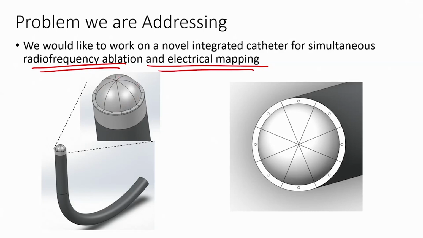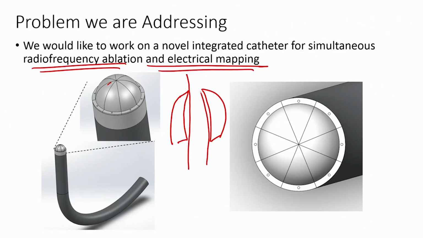So, understand that this dome opens up, right, it opens up. So, you can see something like this, and the catheter within it will come out and perform electrical mapping, right. The catheter within this dome shape structure will come out and perform electrical mapping.